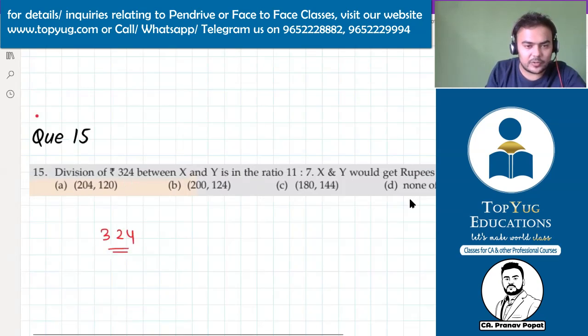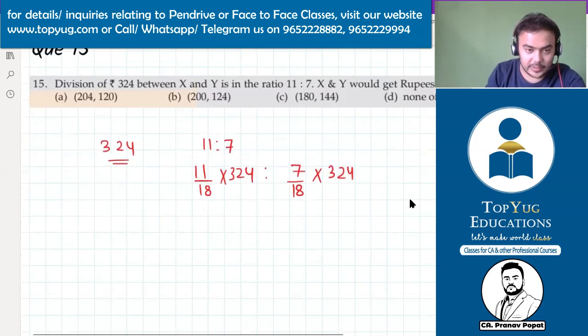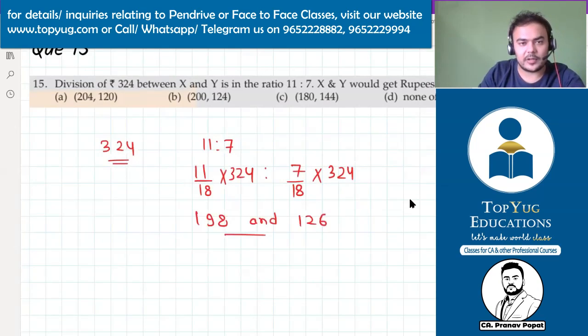Now split in the ratio 11:7, which means 11 upon 18 and 7 upon 18. So 11 upon 18 into 324, and 7 upon 18 into 324. So how much will you get? 324 upon 18 into 11 is 198, and 126, which is not in any option. So the right answer is D.